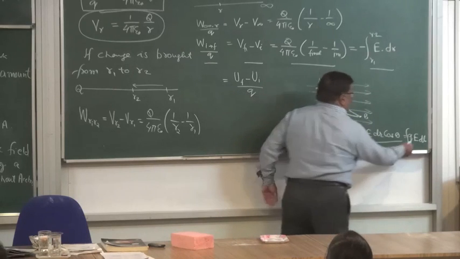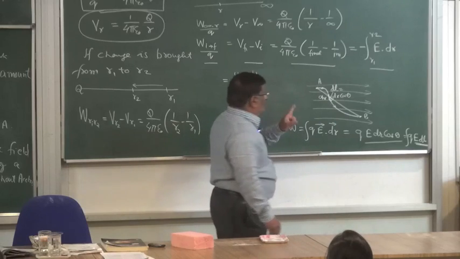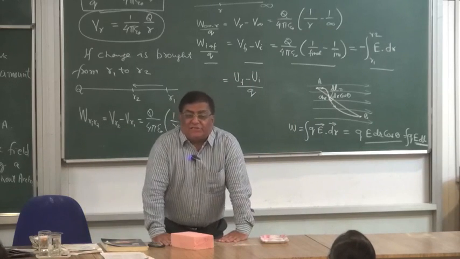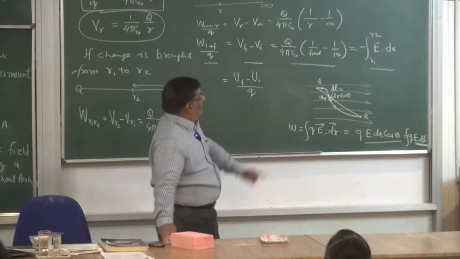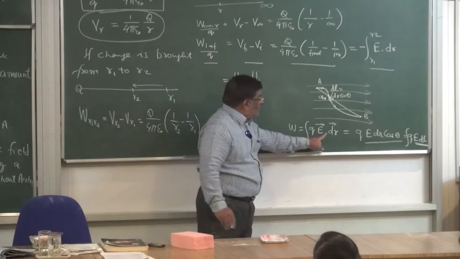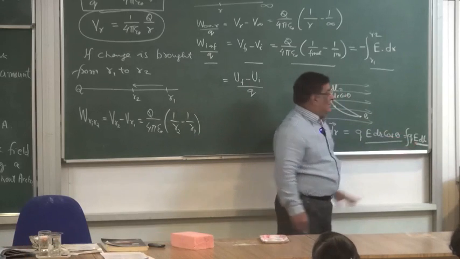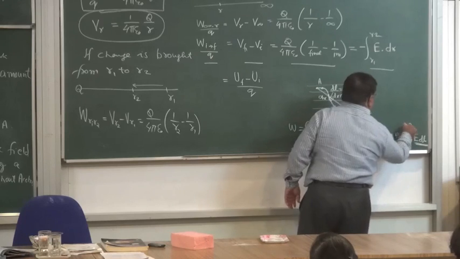Now this thing E dl is known as line integral of electric field. What is that? Line integral of electric field. This is work done, force into displacement. This is work done. और ये कहां से कहां तक हमने लिया? A से लेके B तक.